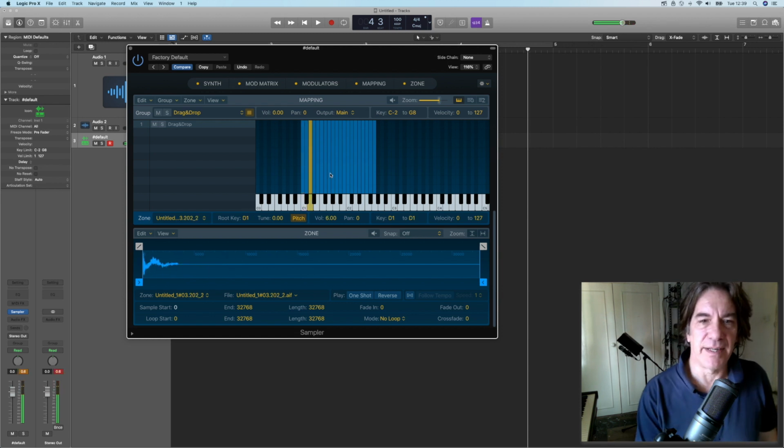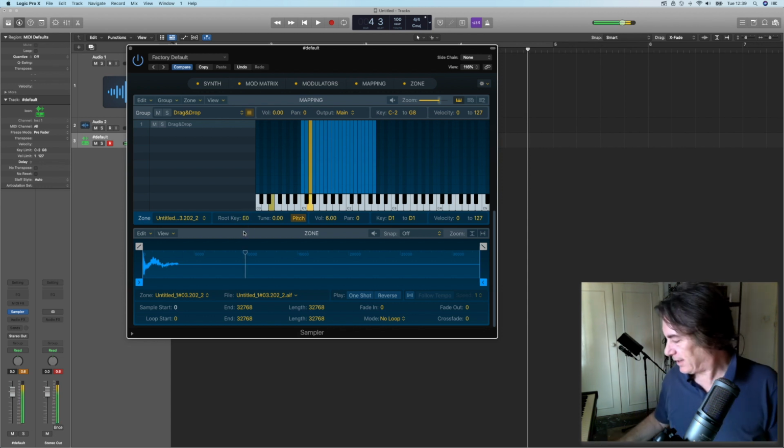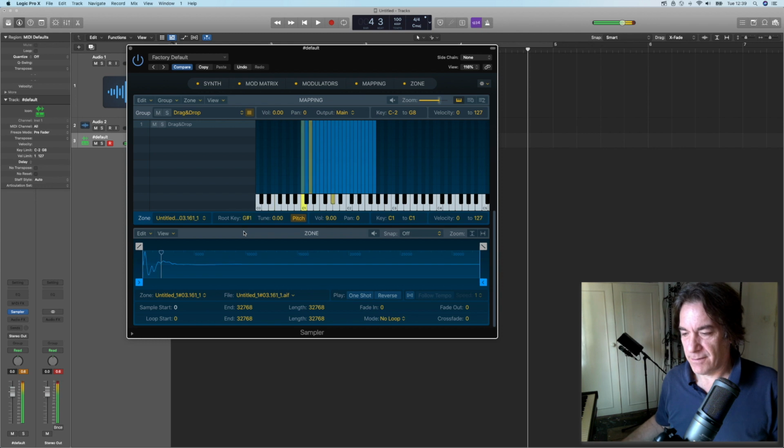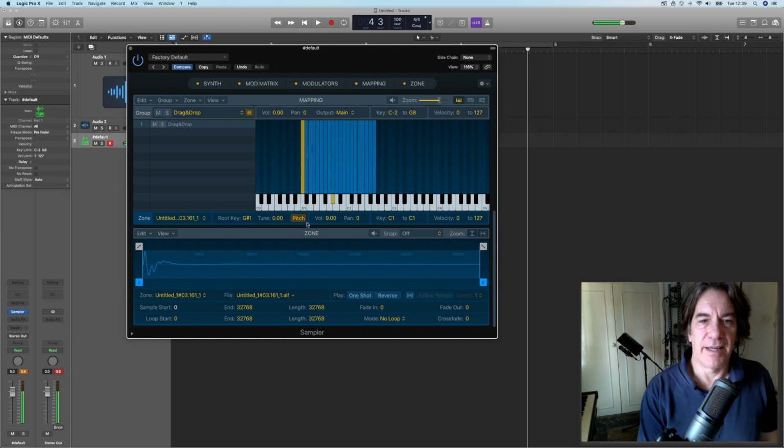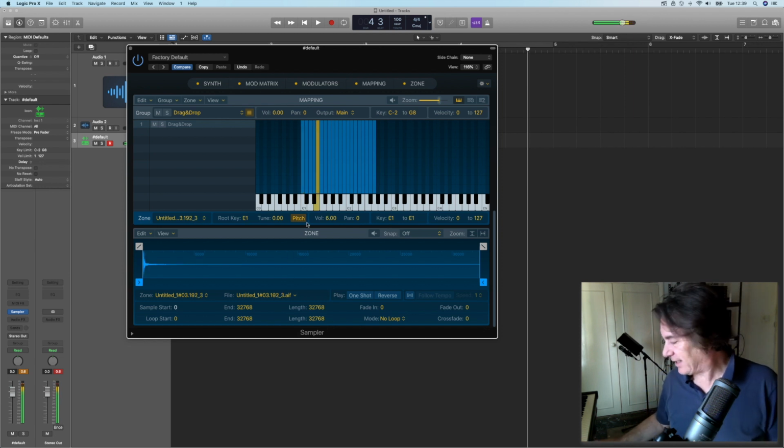Let's have this one. I want that to be higher, so I'm going to take that root down. What about this one? I quite like that as it is. What's the next?